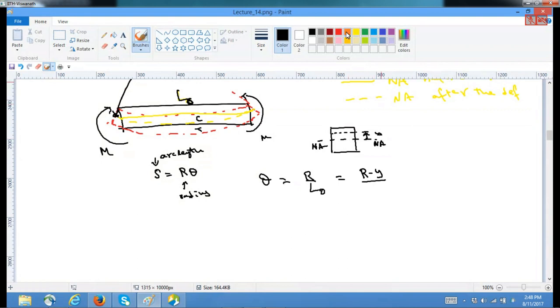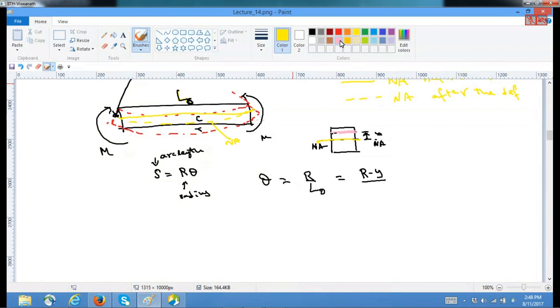Let me say this is a fiber which is at a length y from the neutral axis. So this is the neutral axis, and I want to see a fiber which is at a height y.